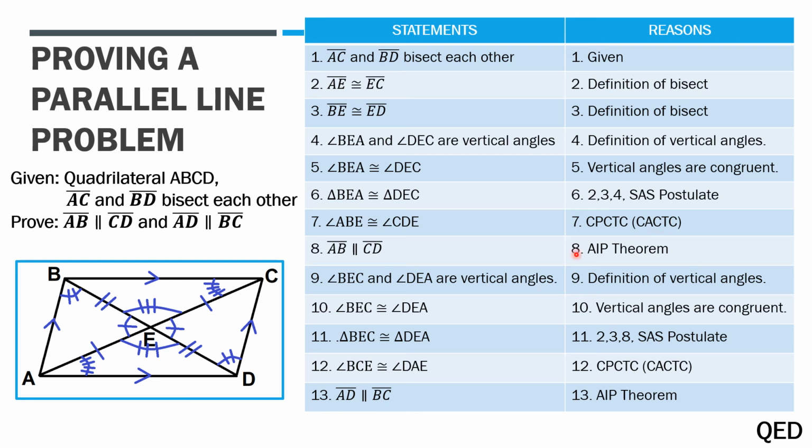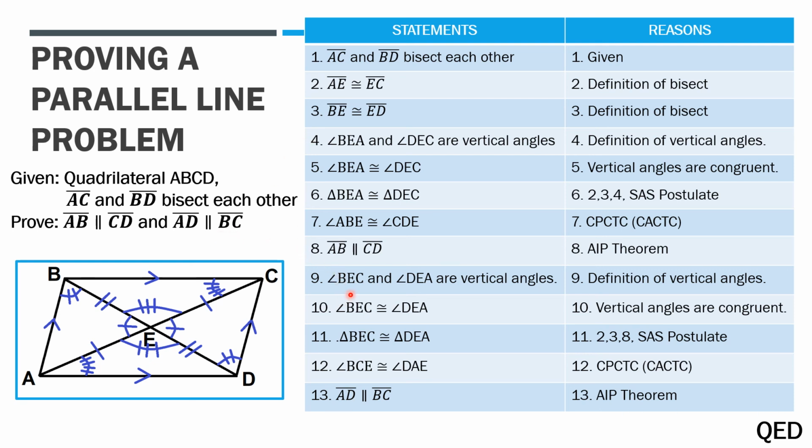Statement 8 is the consequence of statement 7, which states that line segment AB is parallel to line segment CD by the reason of AIP theorem. Notice that statement 8 is a part of the conclusion of the geometrical statement. We need to prove the other part, and we do this by following statements 4 to 8.